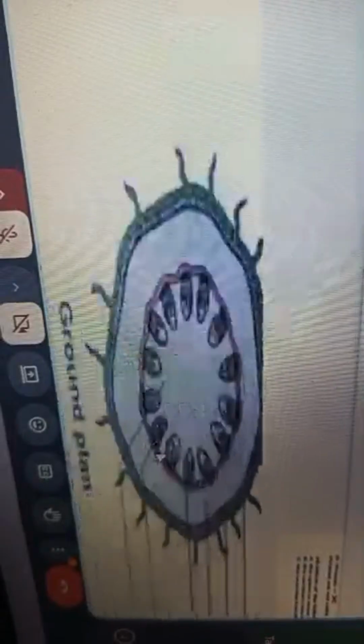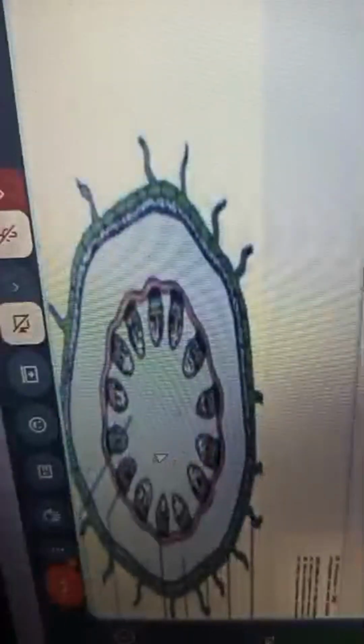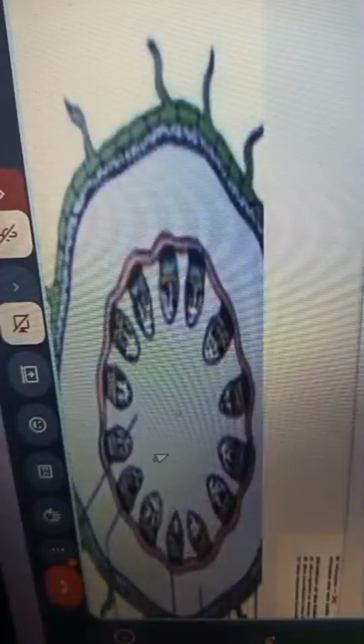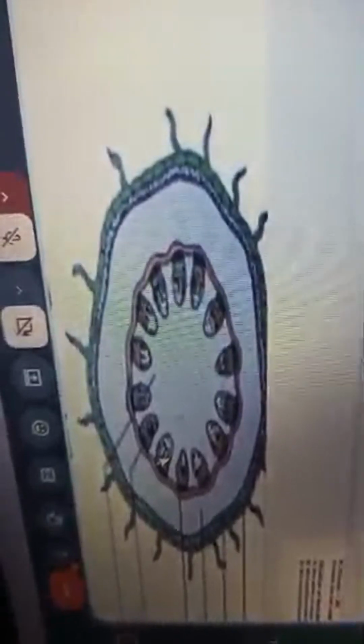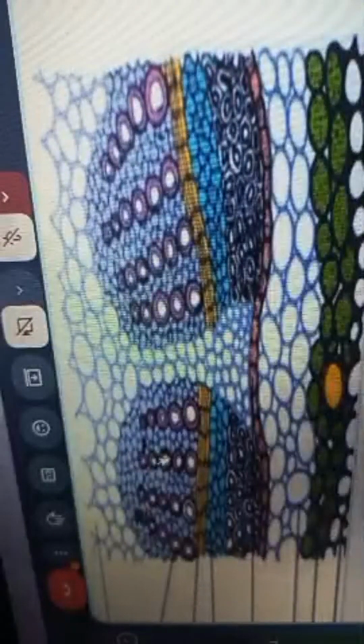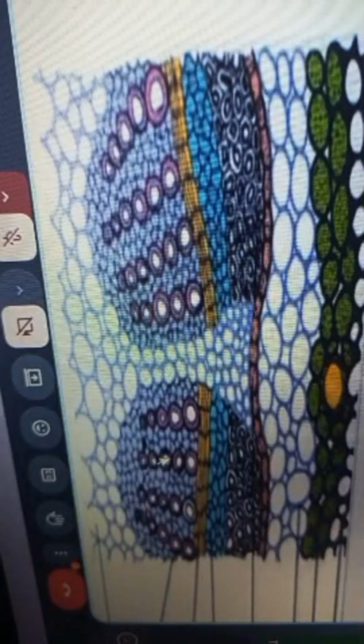This is showing you the ground plan of how they are positioned. Phloem, cambium, and xylem are found in the vascular bundle. This is a well illustrated diagram of where you can find it. You see the position of xylem is more interior, more inside compared to that of phloem. Phloem is a bit towards the outer part.